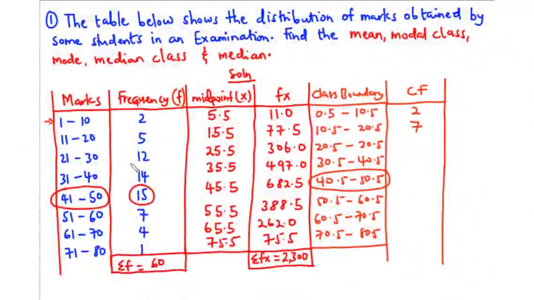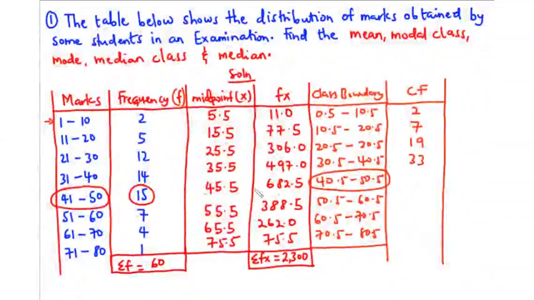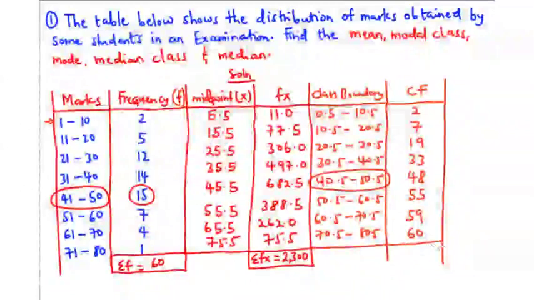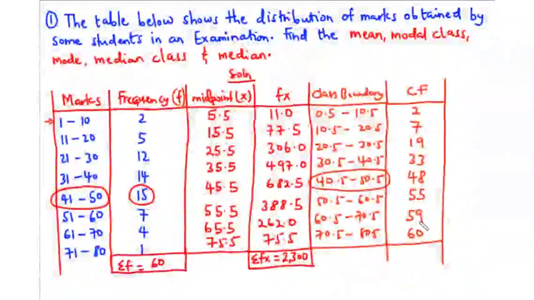We have 7 plus 12, which is 19. 19 plus 14 is 33. 33 plus 15 is 48. 48 plus 7 is 55. 55 plus 4 is 59. 59 plus 1 is 60. So when you do it well, you realize that the value here and the summation of f should be the same. So this is the column for the cumulative frequency.